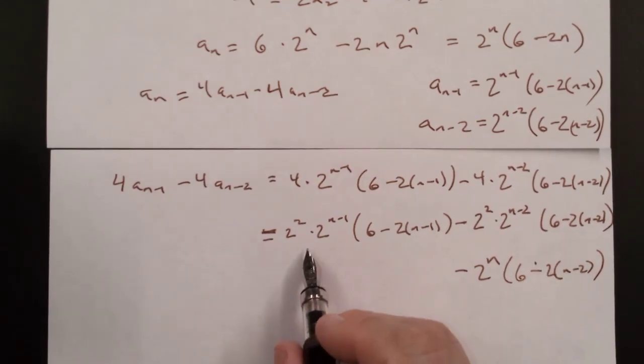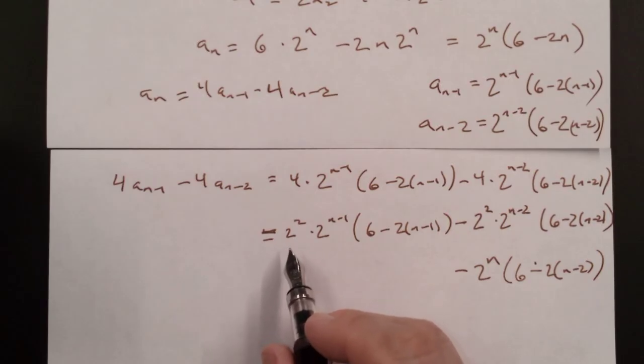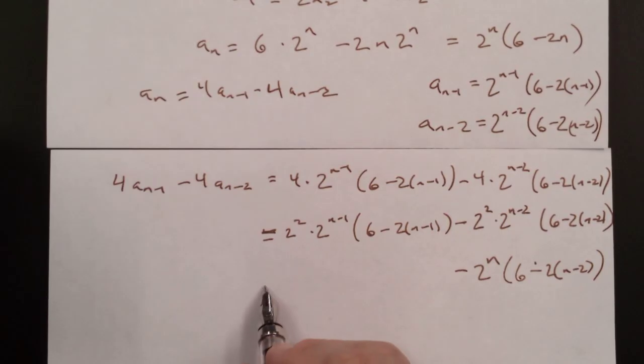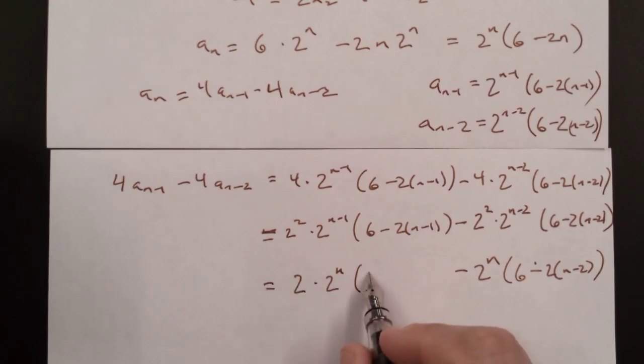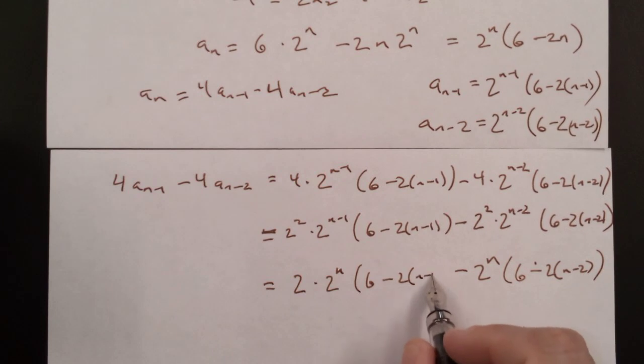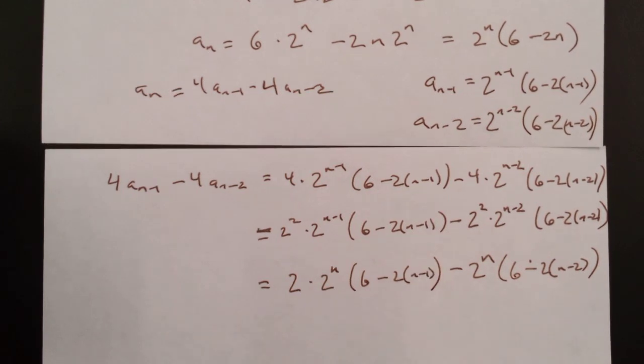Here I'm going to get an extra, right? This will be 2 to the n plus 1. Rather than do that, I'm only going to move one of the 2's. So now I have 2 to the first times 2 to the nth instead of 2 to the n plus 1.